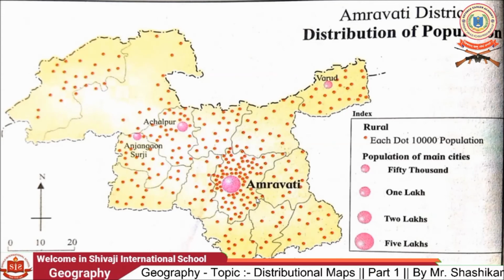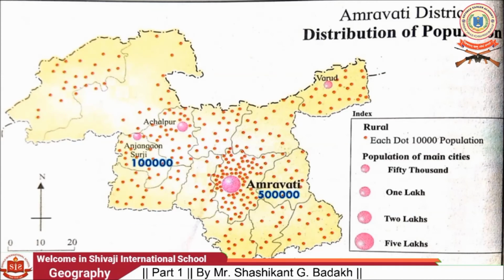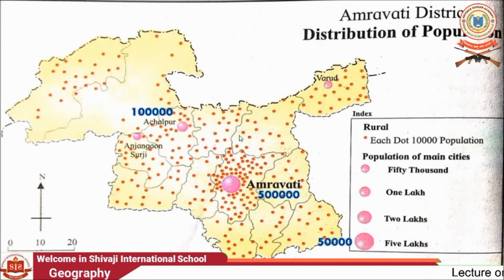So, we will see the Amravati district population. See, Amravati city's population is shown here; this circle shows the 5 lakh population. Then see Achalpur's population, it is this circle you can see here. So, it shows the 1 lakh population.